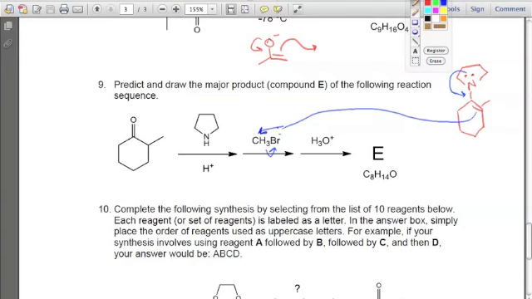And the Br leaves, and you'll get stuck with this. And when you add water, you're going to remove that cyclic amine group and replace it back with the carbonyl. So this is E.